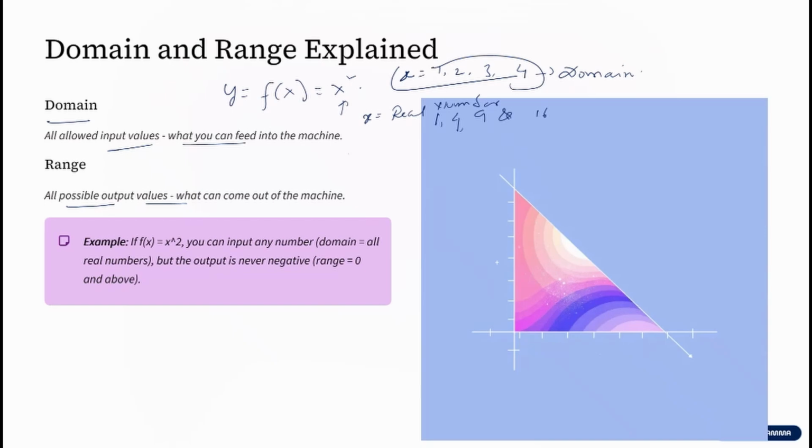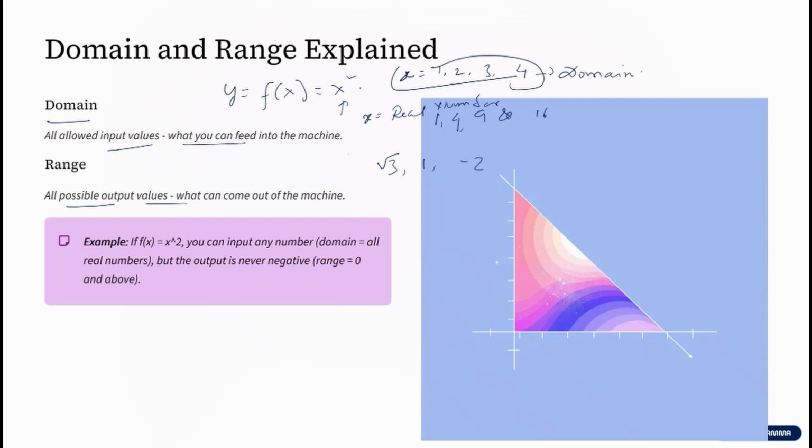If you put any real number, for example, it can be √3, it can be 1, it can be -2, whatever values you put here, the value will always come out as a positive number, because there is a square, right? So for -2 also it will come as a positive number only.